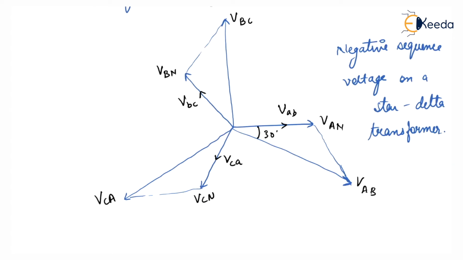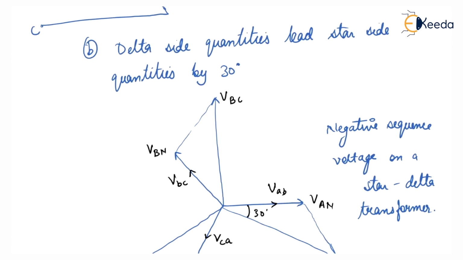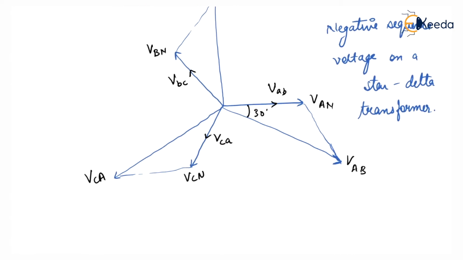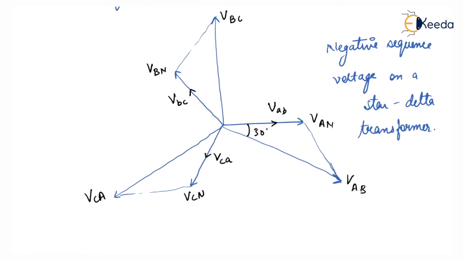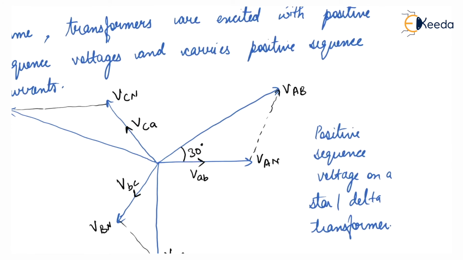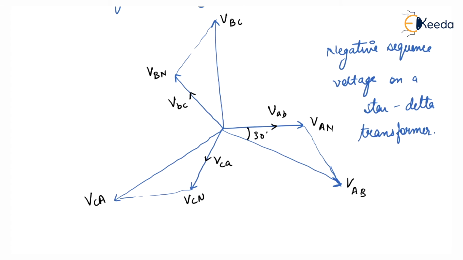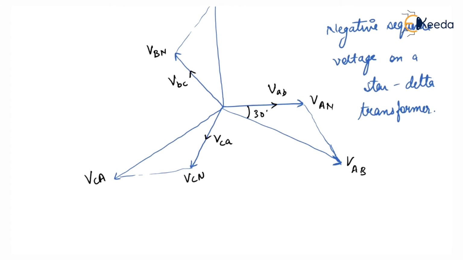The phase shift in comparison to the positive sequence case is now reversed. That is, star side quantity lags the delta side quantity by 30 degree.